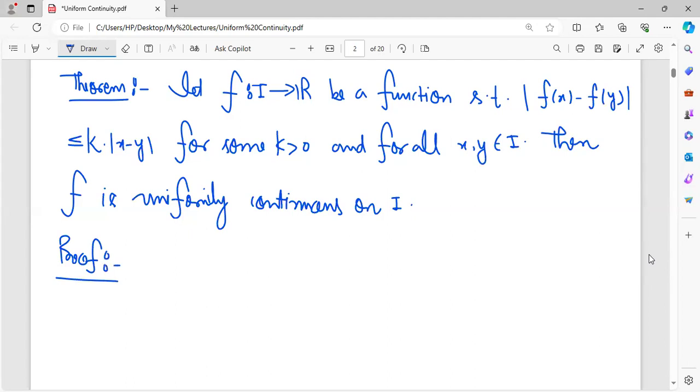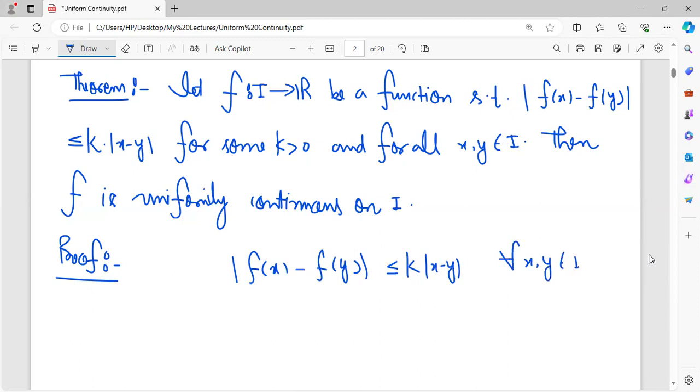It is given that |f(x) - f(y)| is less than or equal to k times |x - y| for all x and y belonging to I.